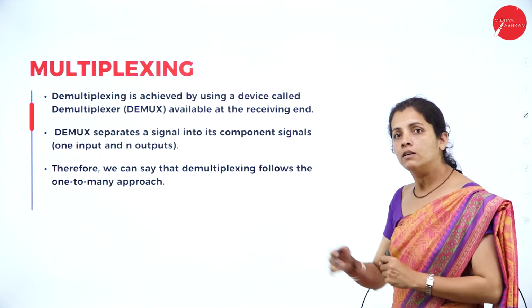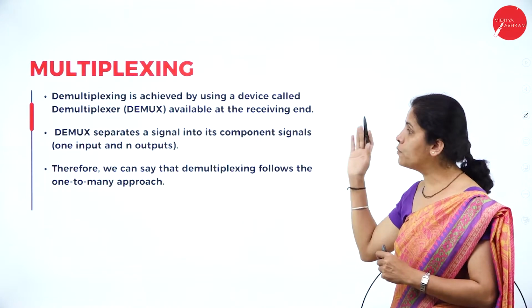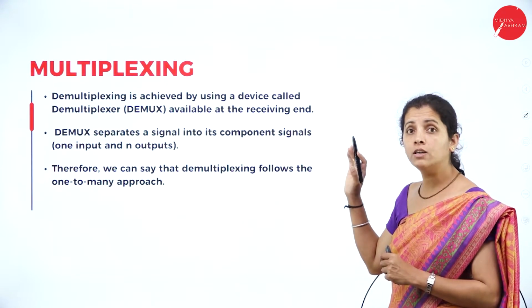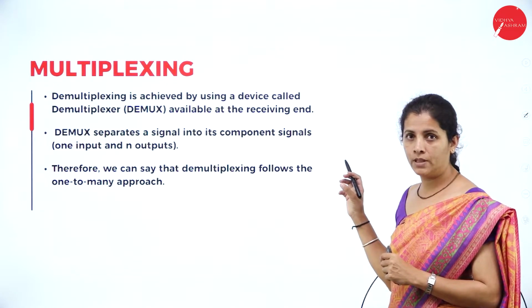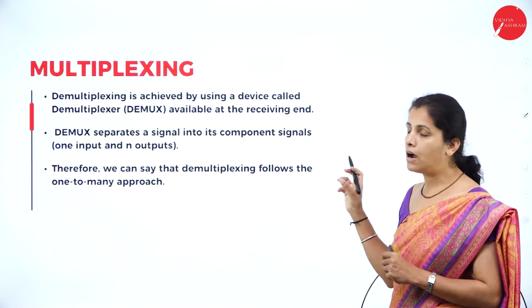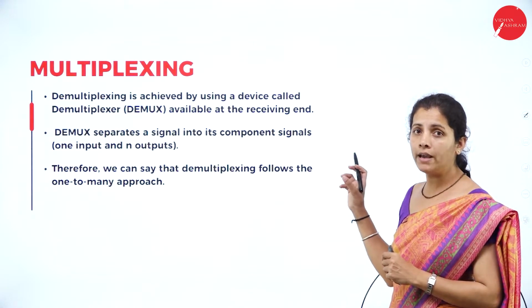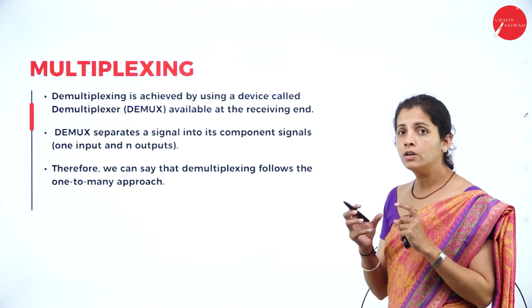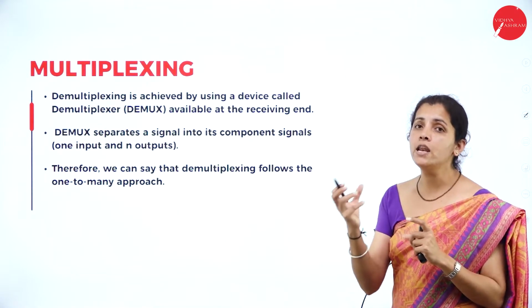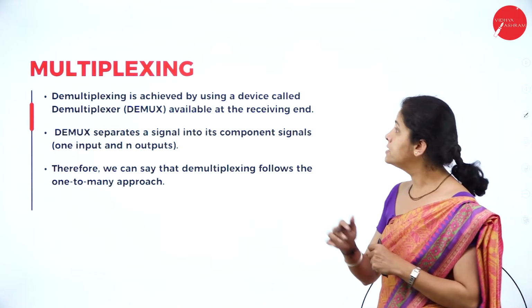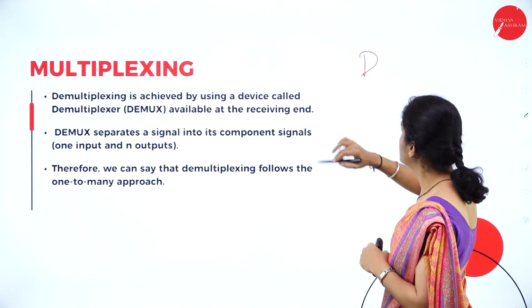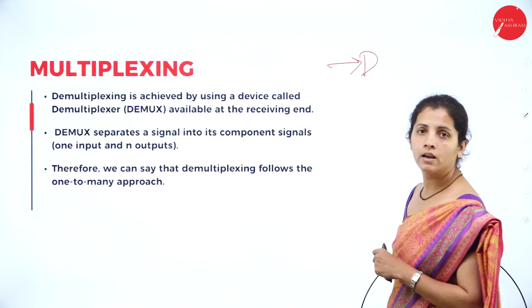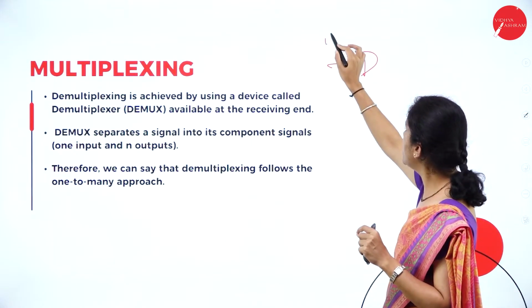Now, at the receiver side, I'm going to have the device called a demultiplexer. It's a hardware device. Demux is hardware used to extract n number of outputs. For the demux, how many input channels?